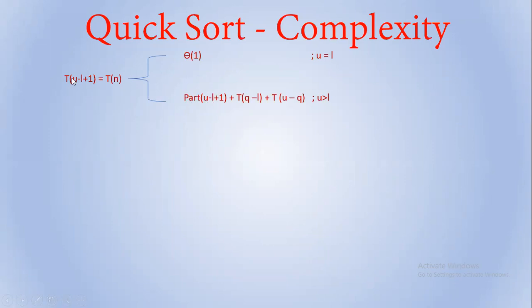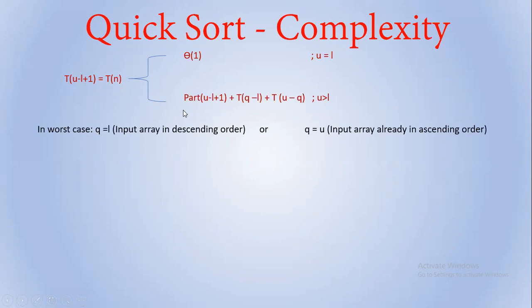I have considered U minus L plus 1 as n. So I can rewrite this again in terms of n, but we must consider what is the worst case and what is the best case.